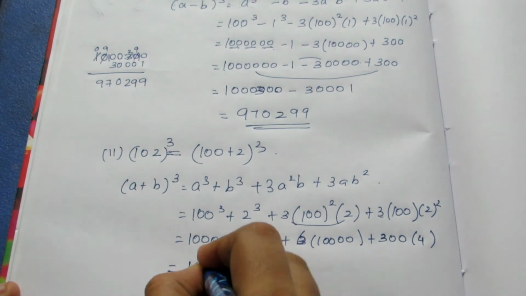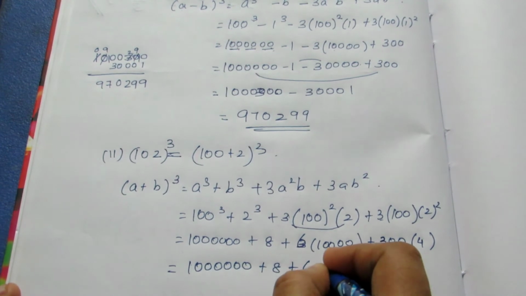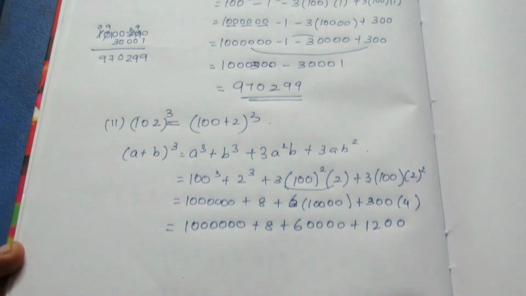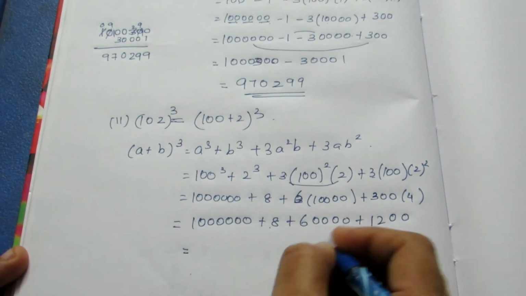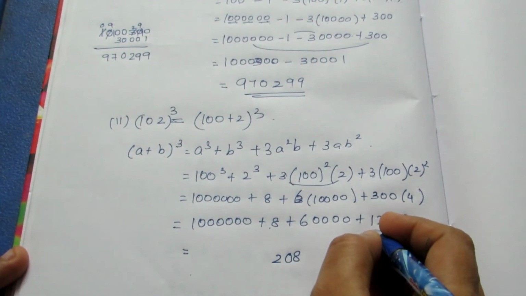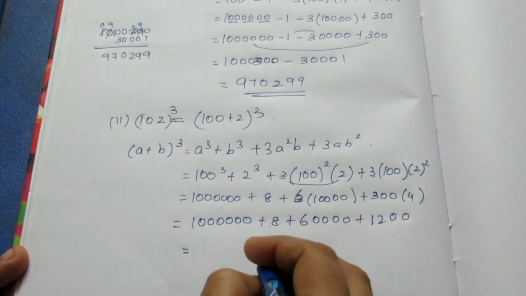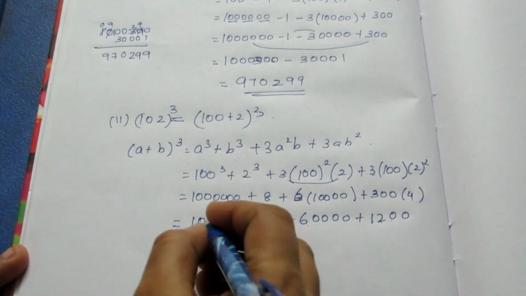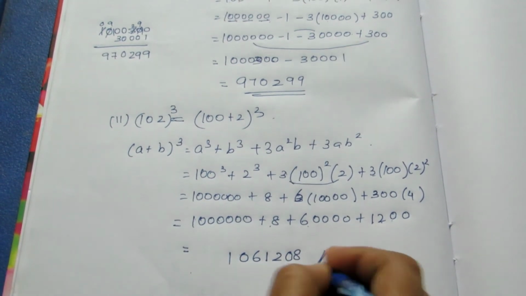Now again multiply 2 zeros, 2 zeros, 2 zeros, plus 8, plus here it becomes 6 into 2 zeros, plus 4 3s are 12, 2 zeros. Now add everything. If I add, I get 8 in the unit digit, no tens place, in the hundreds place we have 2, in the thousands place we have 1, then in the ten-thousands place we have 6, then nothing, then 1. So this is the final answer for the second sum.